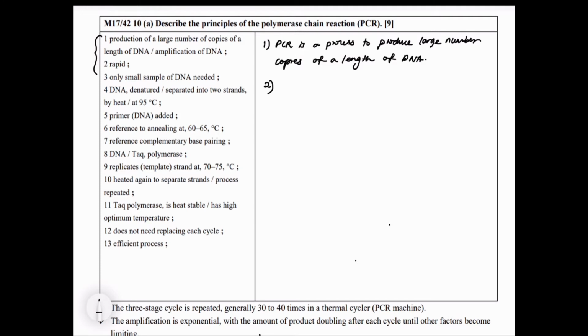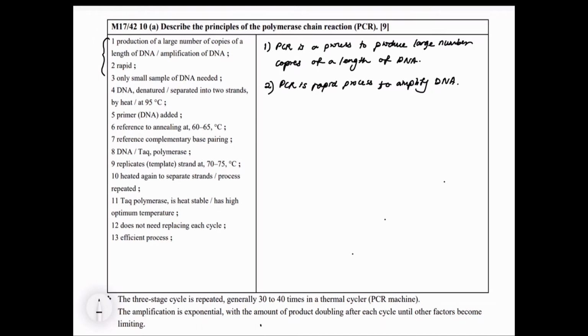Number two, the process is very rapid. So PCR is a rapid process to amplify DNA, and only a small sample size is needed.